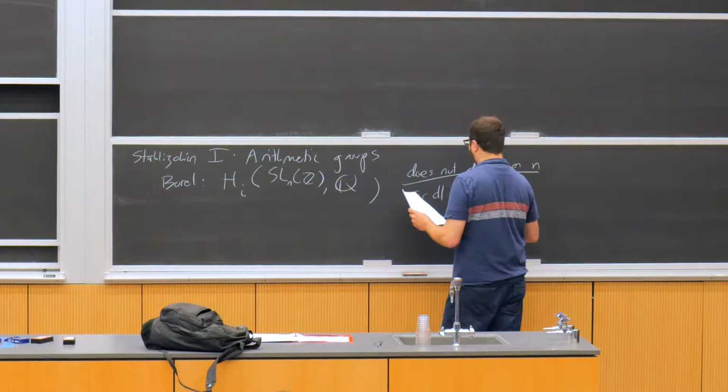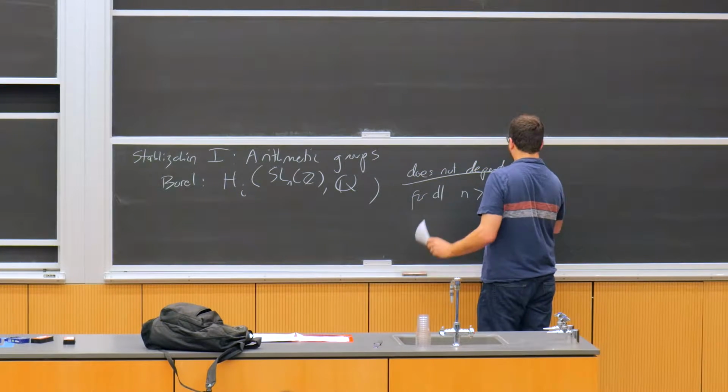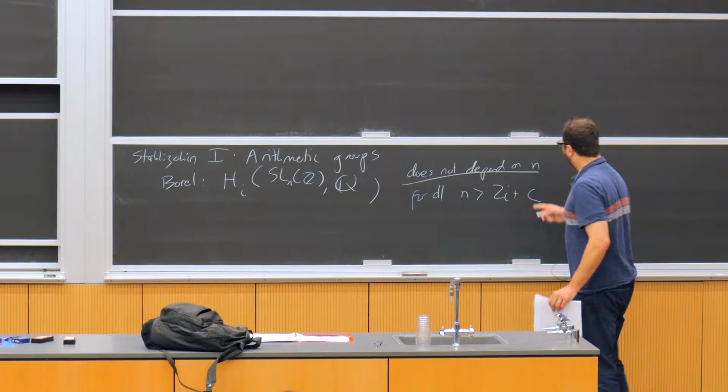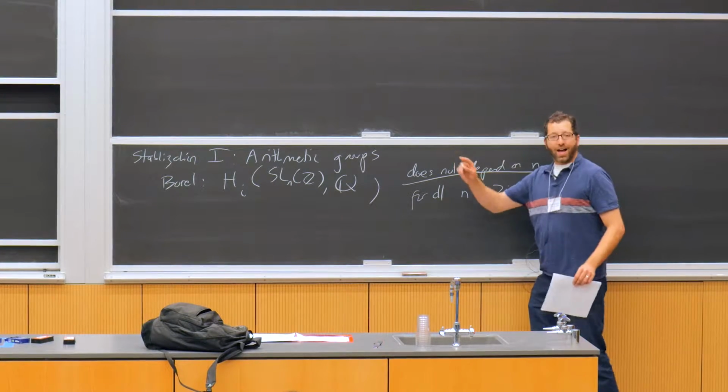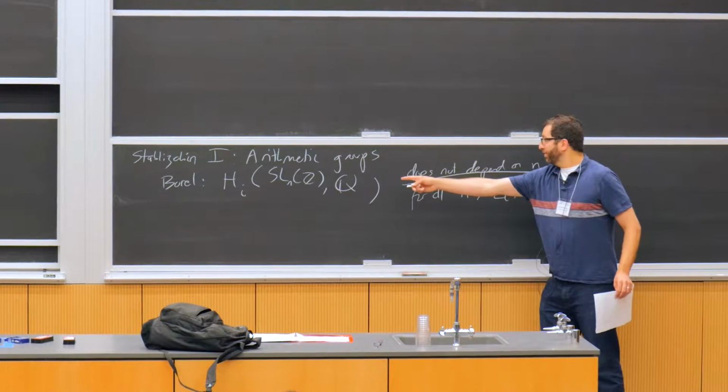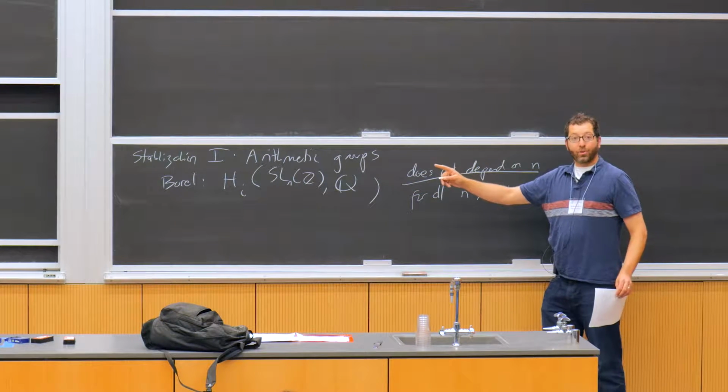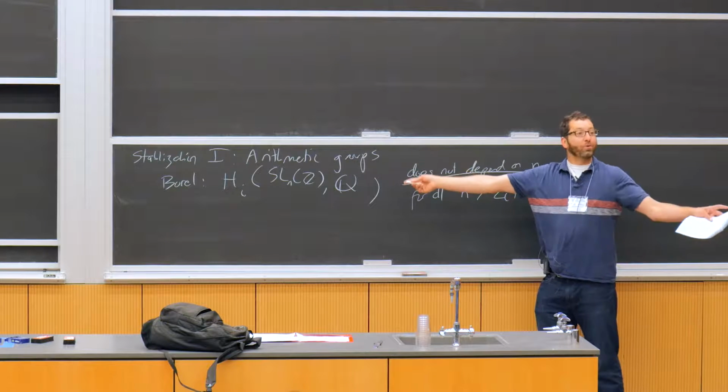So let's say for all n bigger than 2i plus c, and I forgot what this constant is. I didn't write it down in my notes, but for any fixed i, you can make n big enough, and maybe this vector space changes for a while. But then for all sufficiently large n, it's the same, and that's what we mean by stabilization.